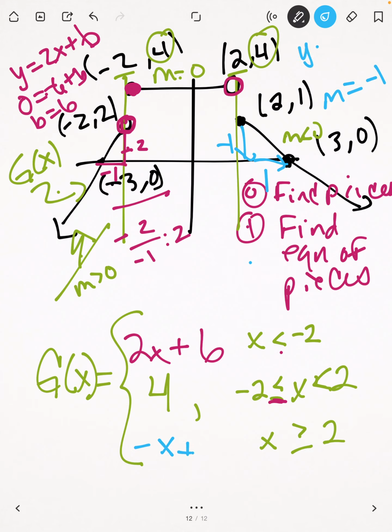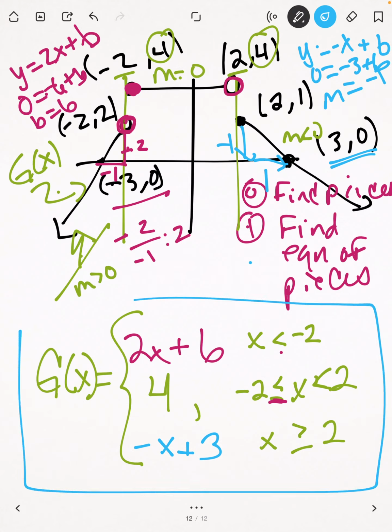So we have y equals negative x plus b. We'll again use this point because there's a 0. 0 equals negative 3 plus b. So b is 3, so y is negative x plus 3. And that's how we would write our piecewise function for that graph.